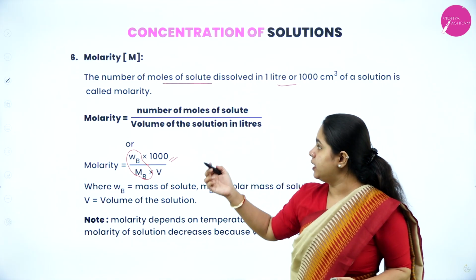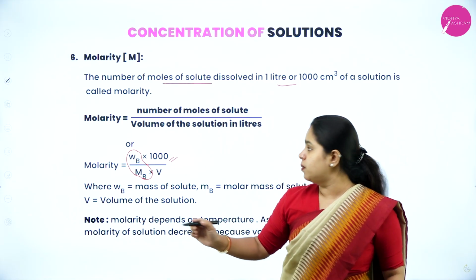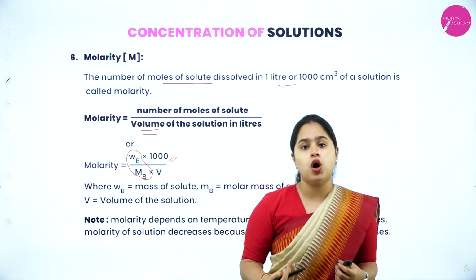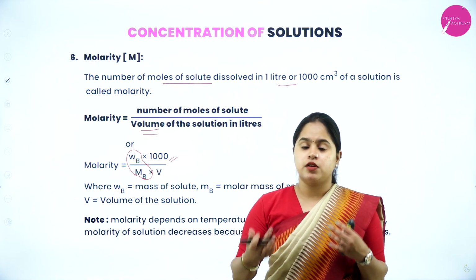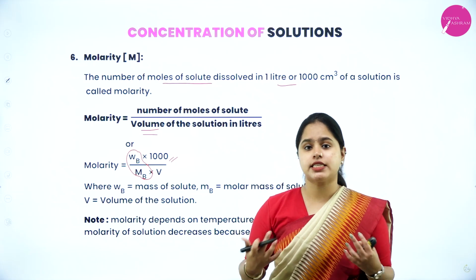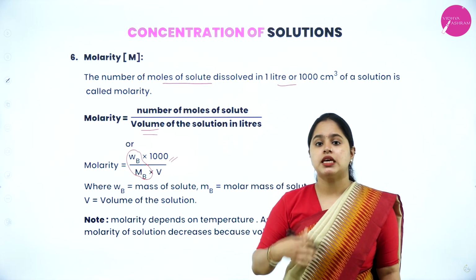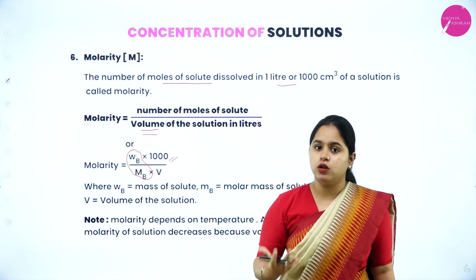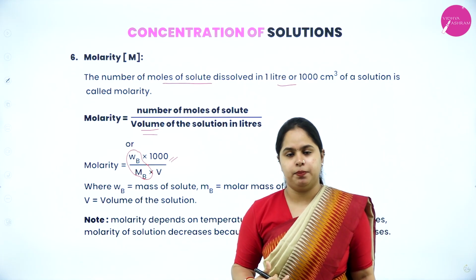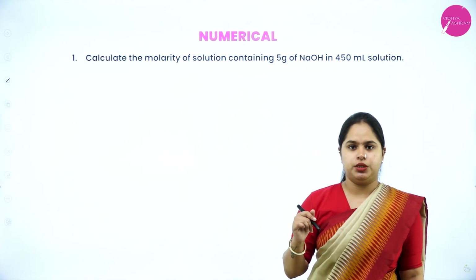Molarity is the number of moles of solute present in 1 liter of solution, so we are talking about the volume. Volume is temperature dependent, so molarity also changes with temperature. That's clear. Now let's do a question based on this.